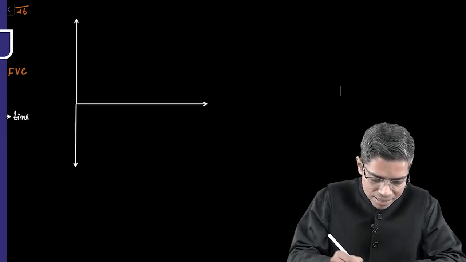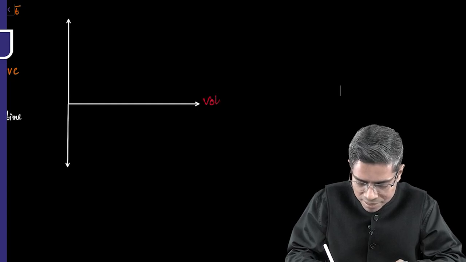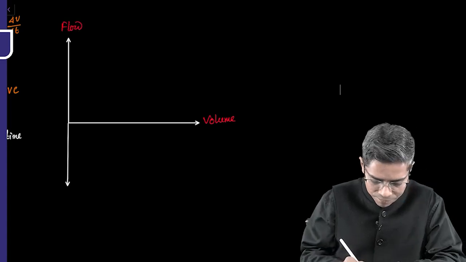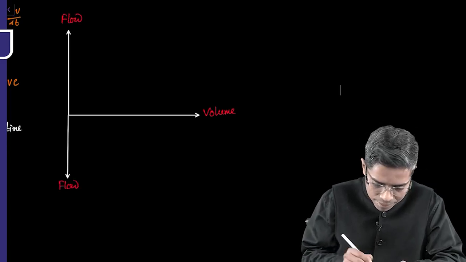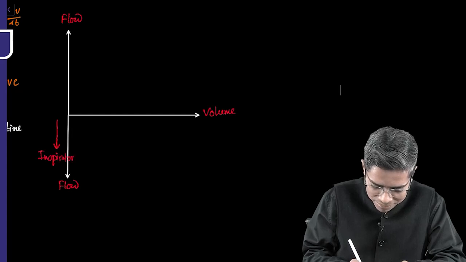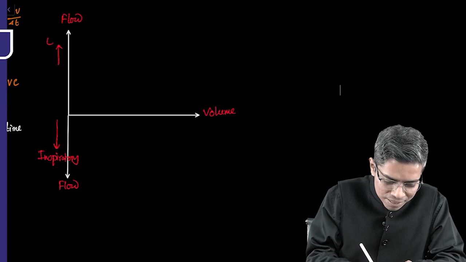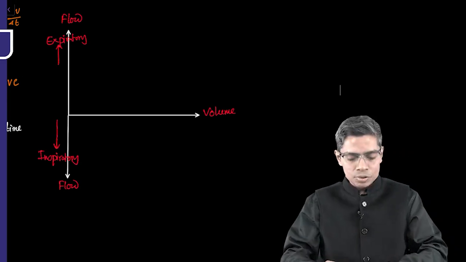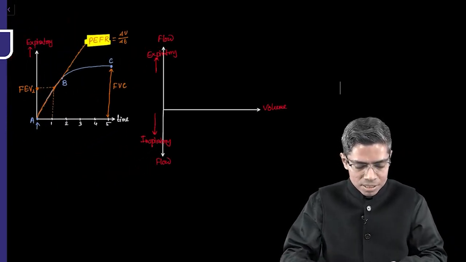So the x-axis is the volume axis and on the y-axis you are measuring the flow, right? The downward direction is the inspiratory flow, okay, so completely different, and the upward direction is expiratory flow. Getting my point?